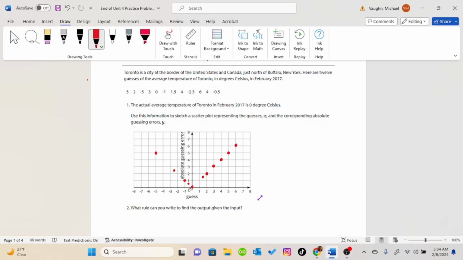Number 2, what rule can you find, or what rule can you write to find the output given the input?